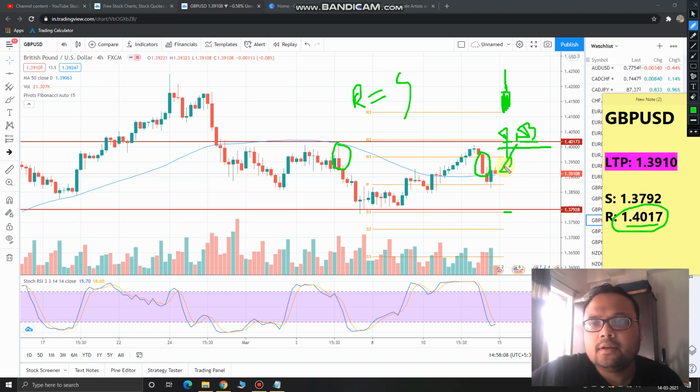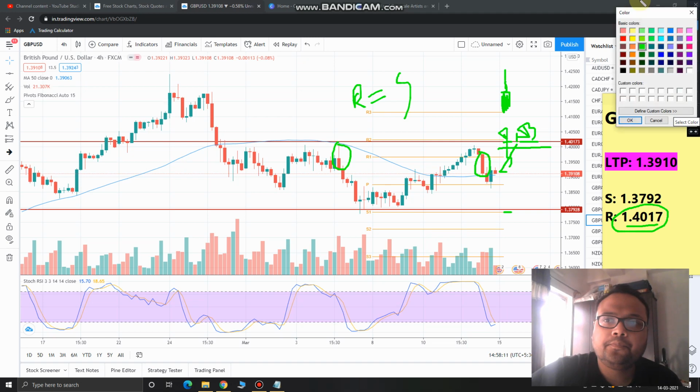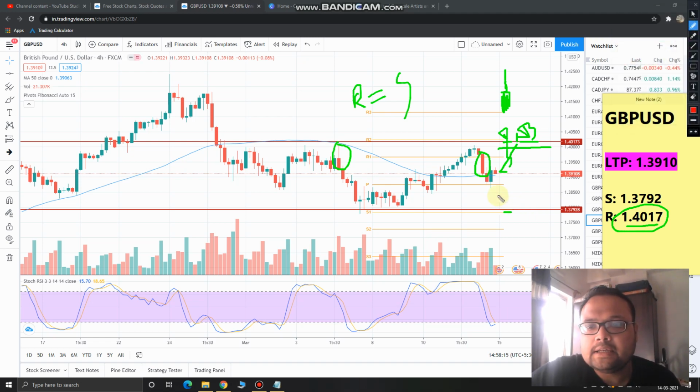On the other hand, if market comes down and hits this particular price level, just observe how price is doing. In case you see that market is taking support at this level again, that means that this support is still valid. I'm talking about this price level 1.3792.